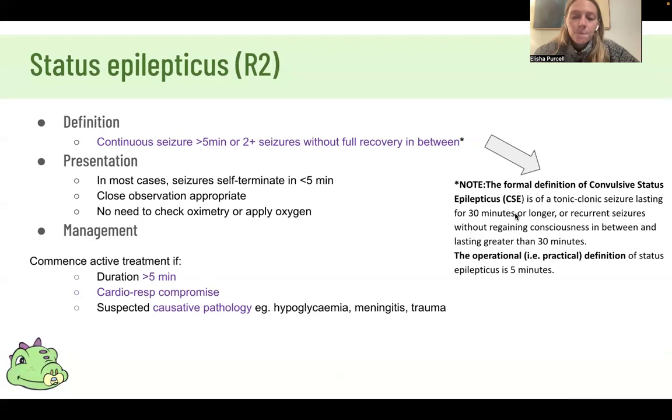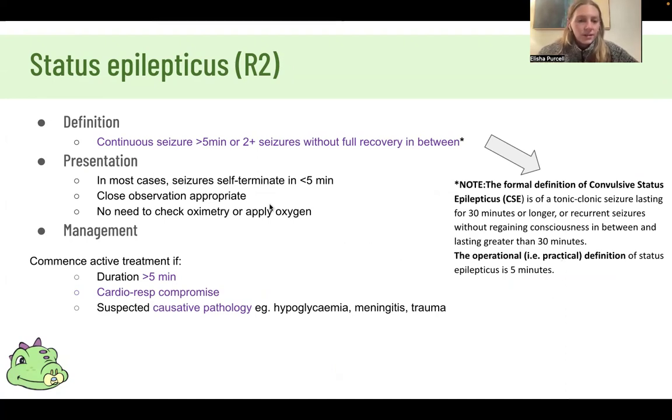It's written as a tonic-clonic seizure lasting 30 minutes or longer, or recurrent seizures without regaining consciousness in between lasting greater than 30 minutes. That's the formal definition, but for exam's sake, we're using the operational definition.